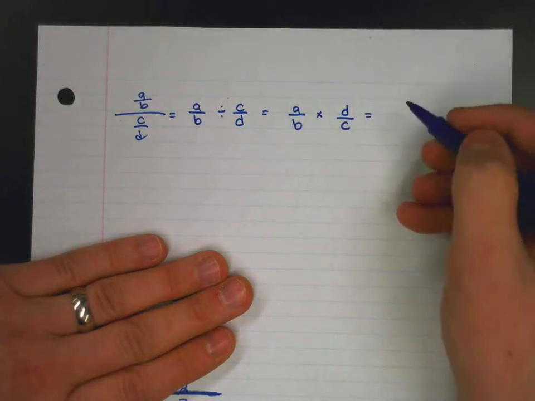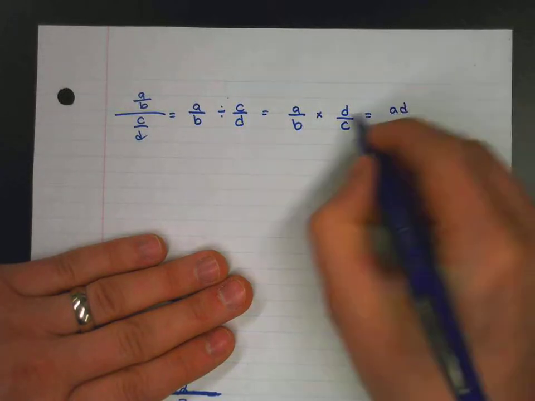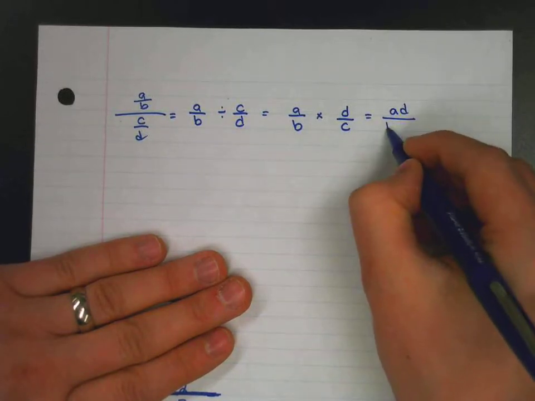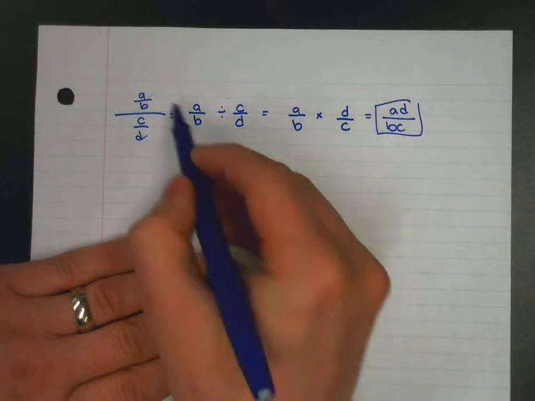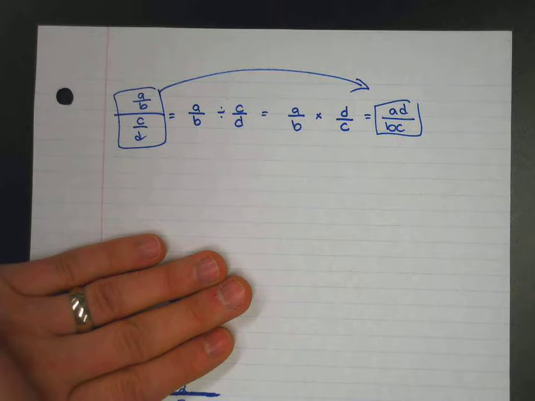Now there is simply a connection between your numerator and denominator that creates AD over BC. This is a cleaner way of writing that giant fraction divided by a fraction.